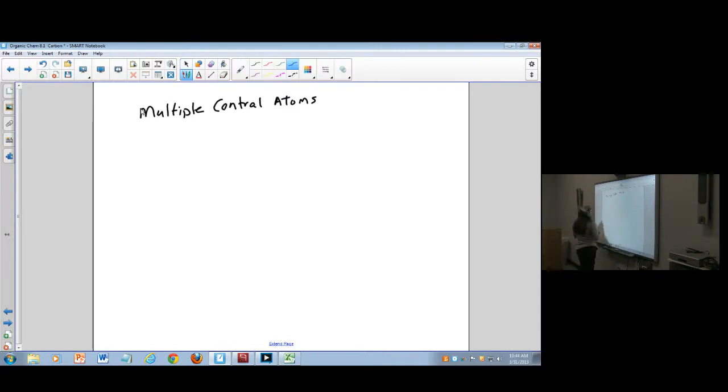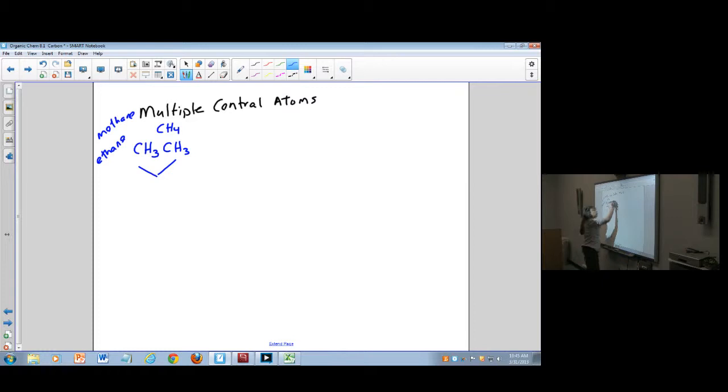So let's assume I want to draw something with the formula CH3, CH3. Remember, we just did CH4, and we know that's methane. And we might as well know, and we'll look at this again in a few minutes, that this is ethane. But let's assume I want to draw ethane. So how will I go about deciphering this structure?